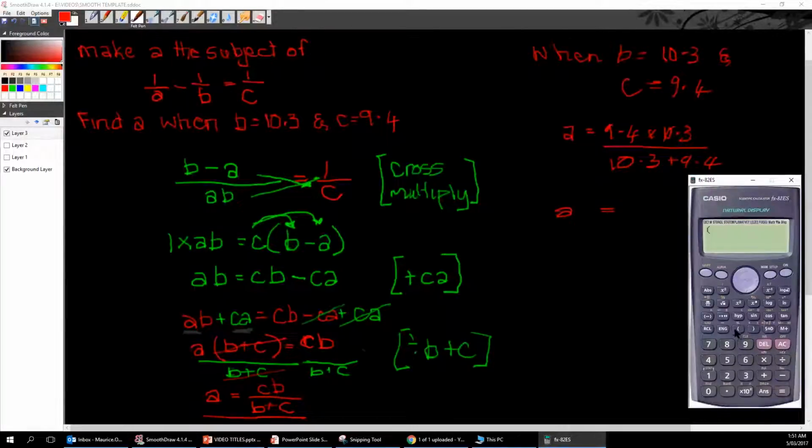So I might just put a bracket, 9.4 times 10.3, close the brackets, divided by, open a new bracket, just to be sure, 10.3 plus 9.4, close the brackets, equals, and then you push this little button here. So we get 4.9147.